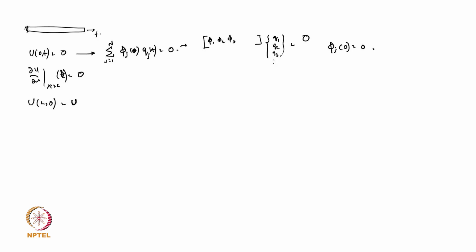Simple point, because qj cannot be 0 and all the terms can be plus or minus, so the best solution is that phi j of 0 should be equal to 0. Whatever shape functions you are taking, it should be 0 at x equal to 0.